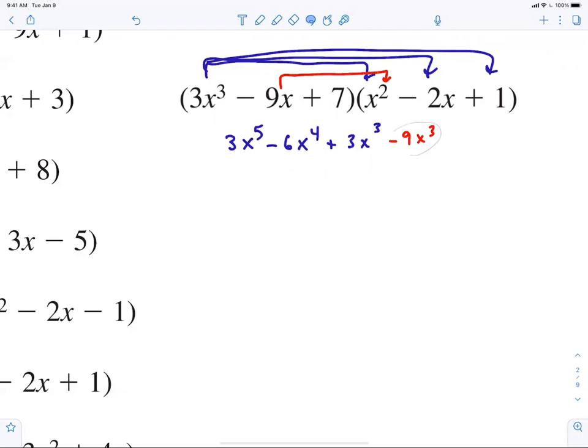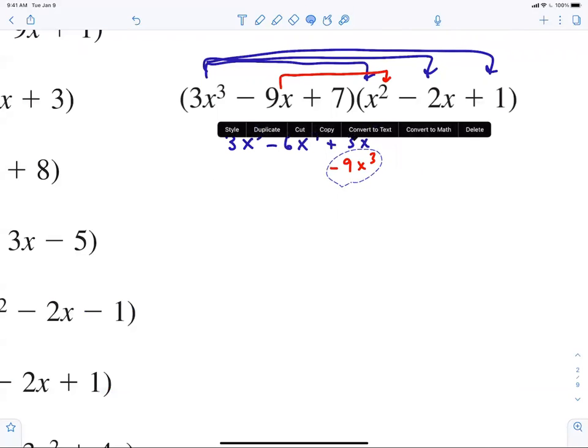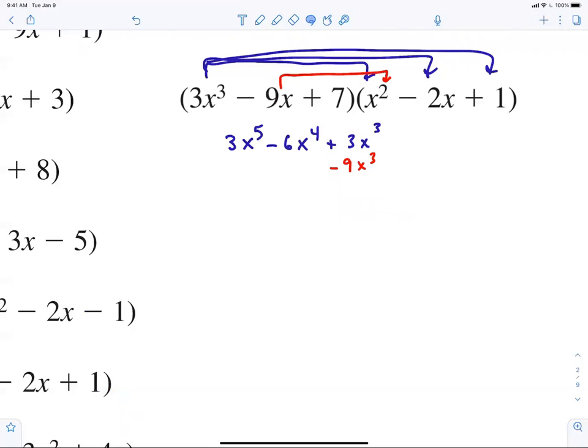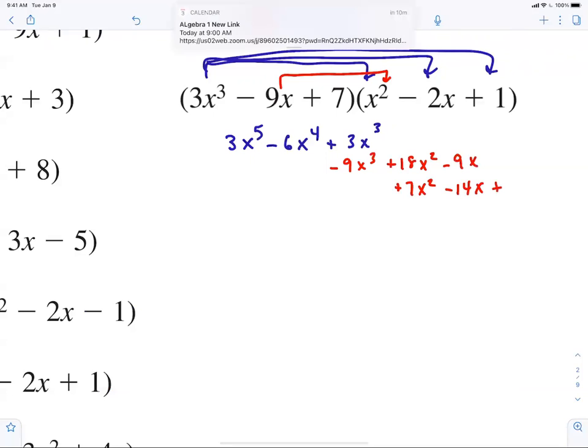I'm going to put negative 9x cubed right under the 3x cubed because that's where it goes. That way I know I'm just combining those terms. Then I just get positive 18x squared and then negative 9x. And now I'm distributing the 7. That becomes positive 7x squared minus 14x plus 7.